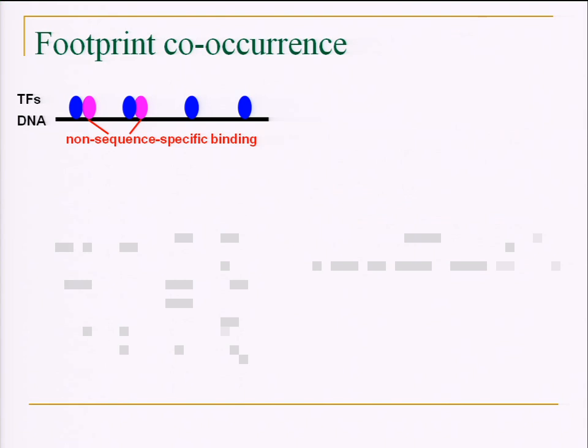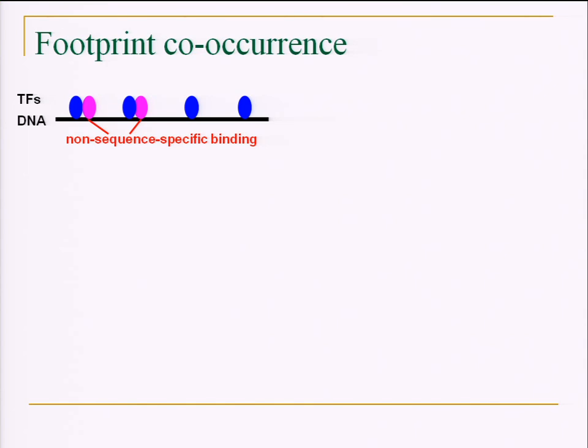Okay, so we have already seen the enrichment of the motifs, but still there are quite a few footprints that do not contain any motif. One of the explanations is that some of these footprints actually correspond to non-sequence-specific binding.